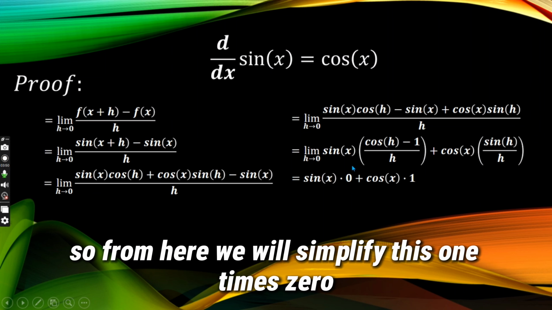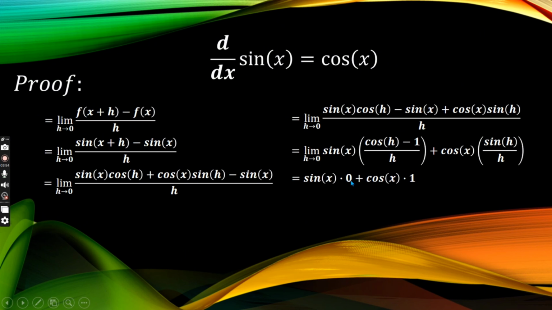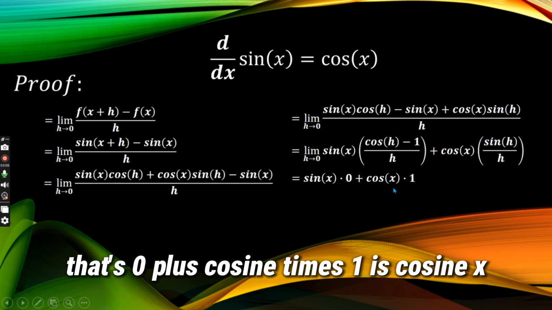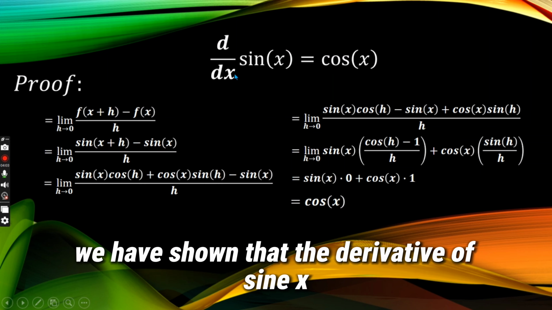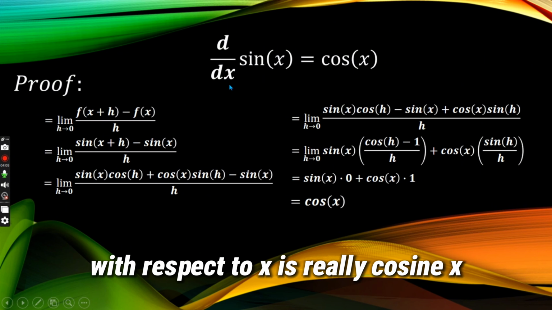So from here, we simplify: sine x times 0 is 0, plus cosine x times 1 is cosine x. Meaning, we have shown that the derivative of sine x with respect to x is really cosine x.